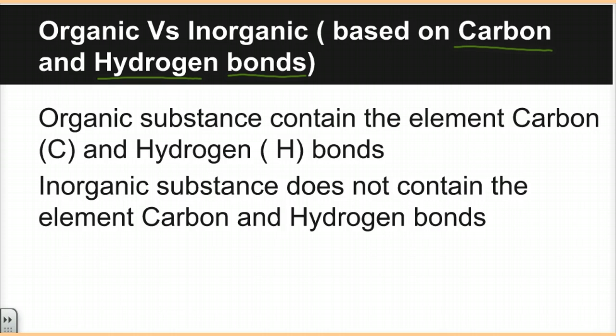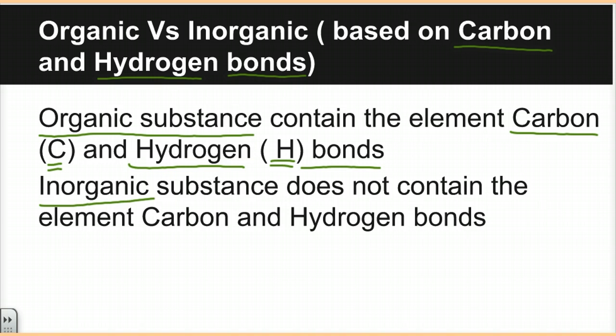So, an organic substance contains the element carbon and hydrogen bonds. Carbon in science is written as a capital C, hydrogen is written as a capital H. Inorganic substances do not contain any carbon or hydrogen bonds.